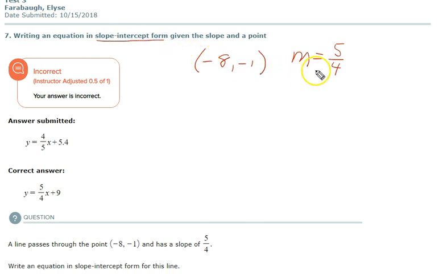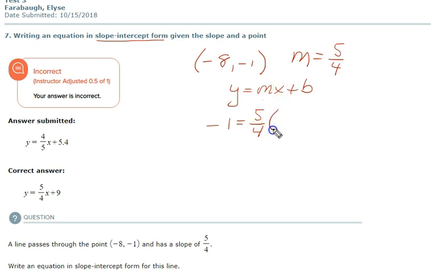So, 2 ways to do it. You could use the point-slope form, or that other modified form. We can go y equals mx plus b, and the more times you write this, the better off you're going to be. Now our y is a negative 1. Our m we know is 5/4.